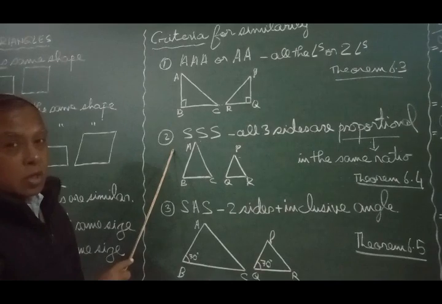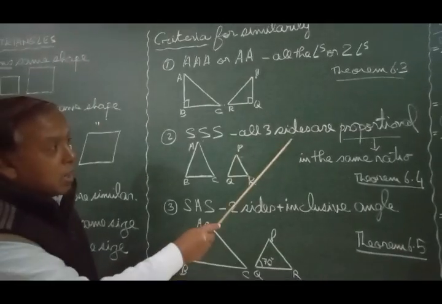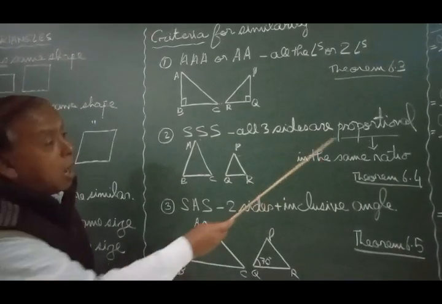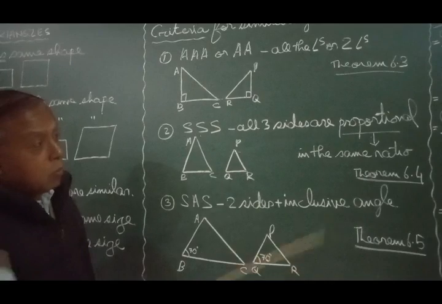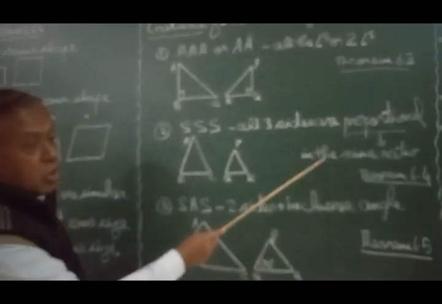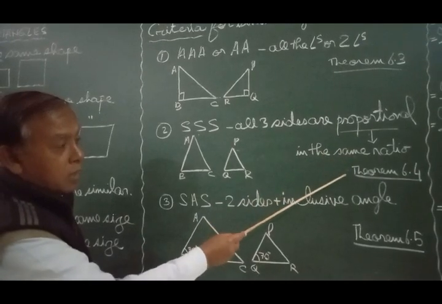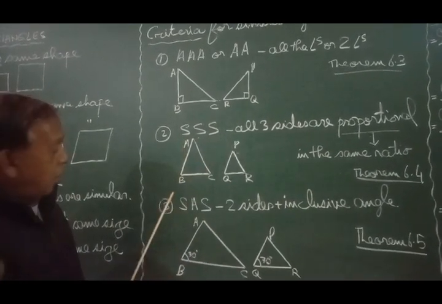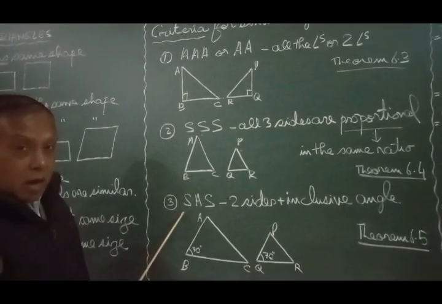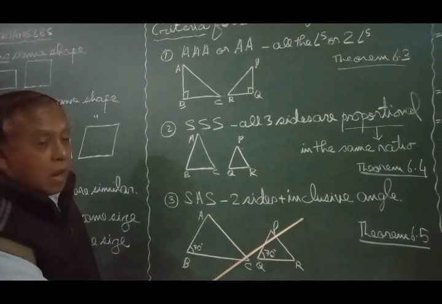We now go to the second one, triple S. That means all three sides of one triangle are proportionate to the sides of the other triangle. What's the meaning? In the same ratio, not same size, same length, but same ratio. And that is theorem 6.4, triple S. And we have the third criterion, SAS, two sides and the included angle.